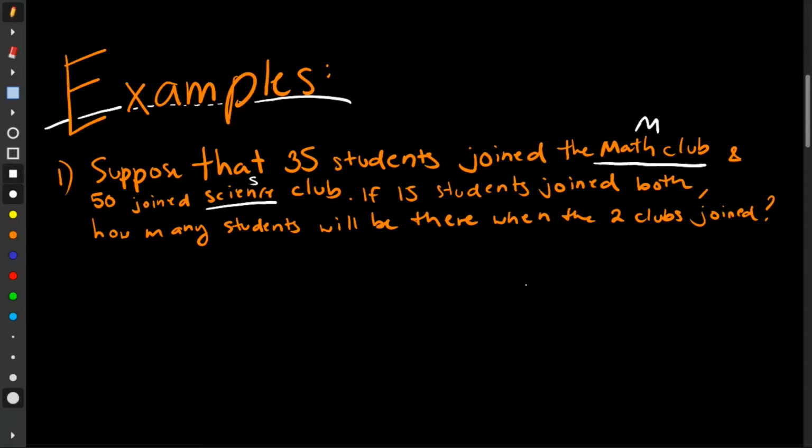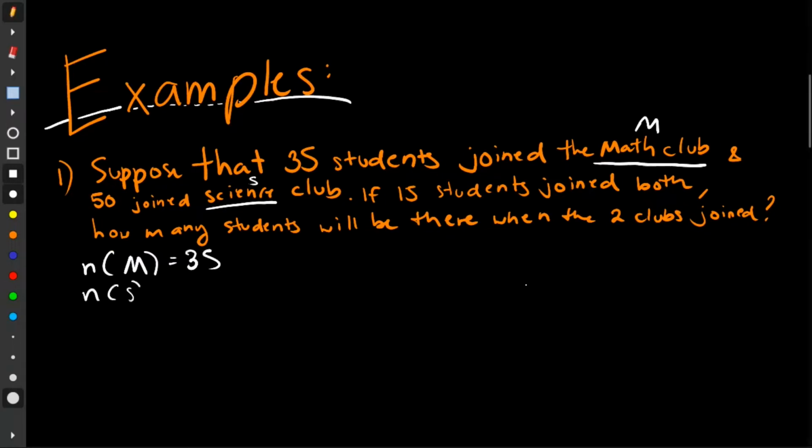So for this example, first we have 35 students who joined the math club. That simply refers to the cardinality of M is equal to 35. And the cardinality of S is 50. We also have 15 students who join both. When we refer to both, we simply refer to their intersection, so we have 15 students.